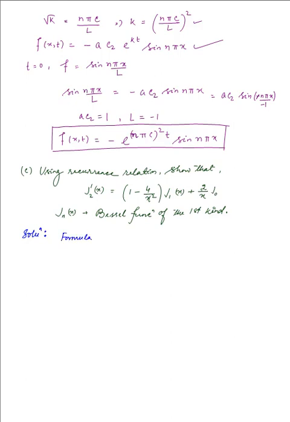So the first formula, the recurrence relation, is x Jn prime equal to n Jn minus x J n plus 1. So this is one form.